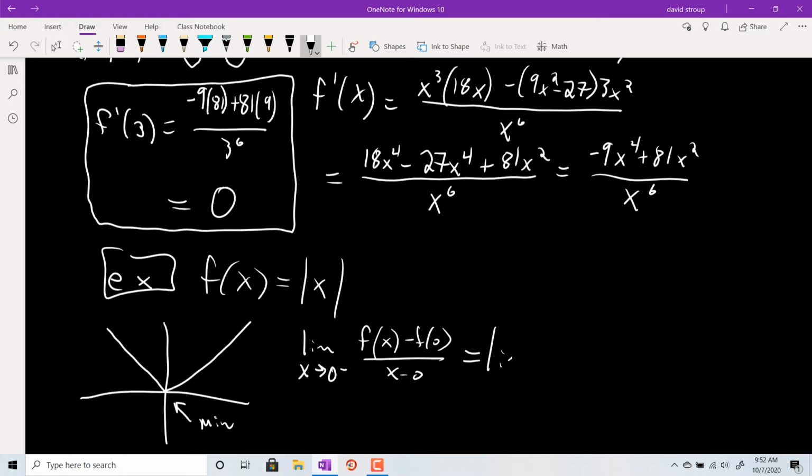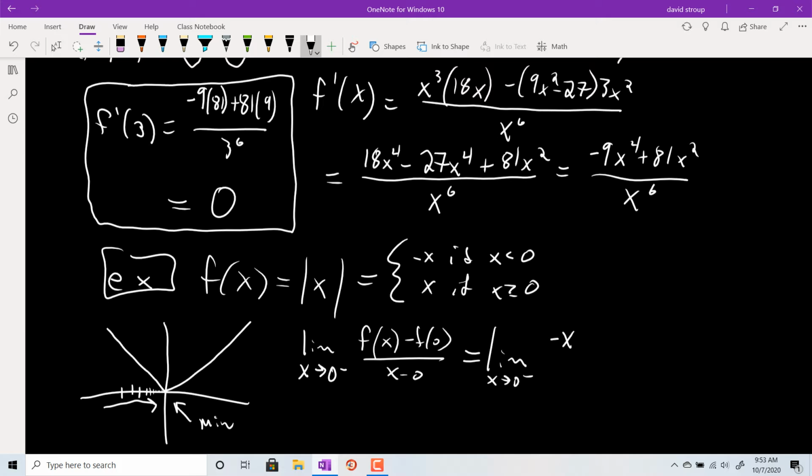And so that will be the limit as x goes to 0 from the left. The absolute value of x is negative x if x is less than 0, and x if x is greater than or equal to 0. So I'm going to replace f of x with negative x because the x values I'm looking at are coming in from the left. So on the graph, I'm coming in this direction. In other words, all my x values are negative, so f of x is equal to negative x in that setting.